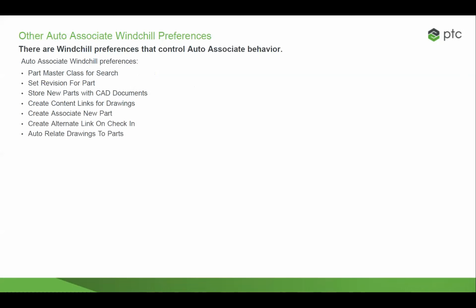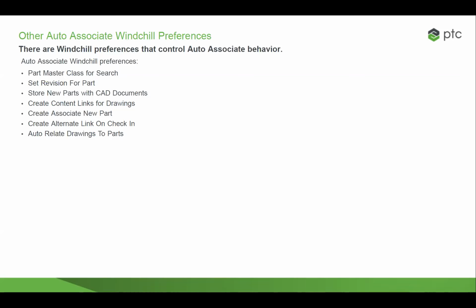There are some preferences around auto-associate, which allow you to define the behavior of Windchill when running the auto-association. For example, you can see set revision for parts. It typically will look at the revision of the CAD models and create the equivalent revision for the part. So it can be a pretty important preference. Another important preference is create or associate new parts, which allows you to define the logic of the auto-association.